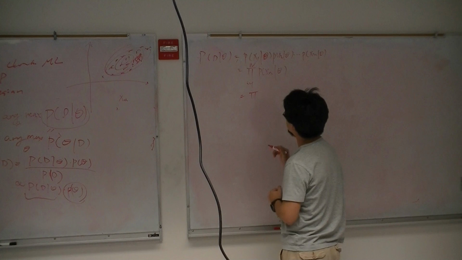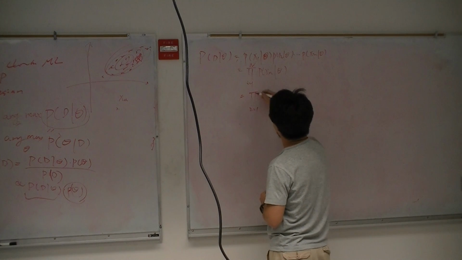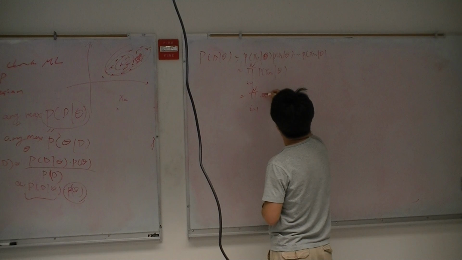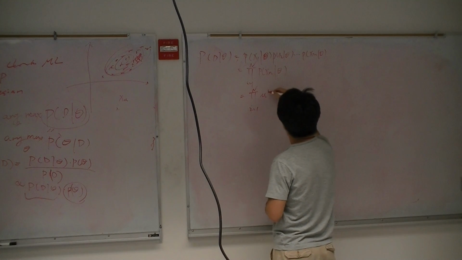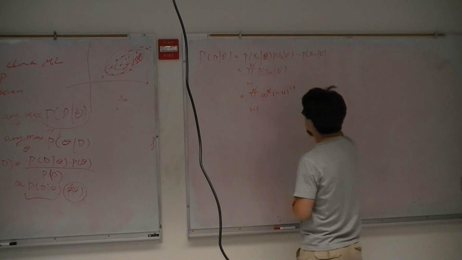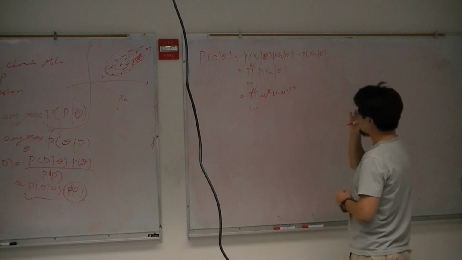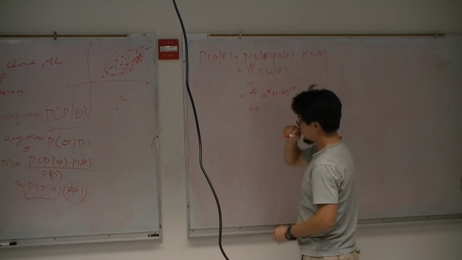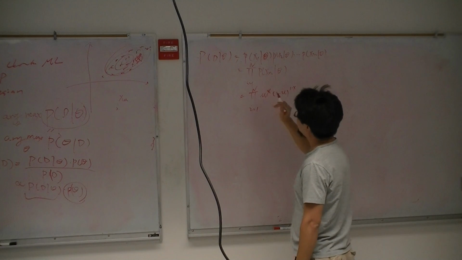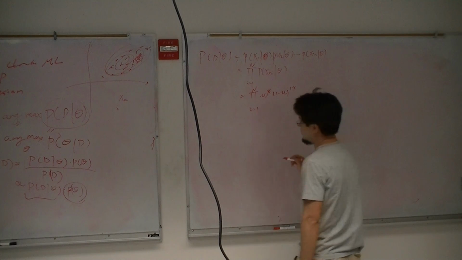In the Bernoulli distribution case, we have this form. It turns out the conjugate prior for this Bernoulli distribution is called a beta distribution.